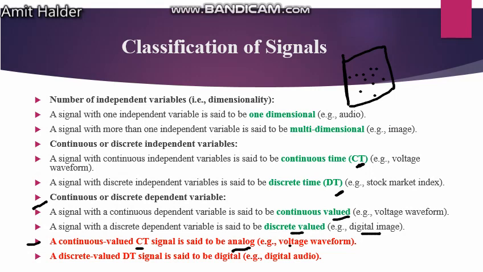Voltage waveform is an example of analog signal. The discrete valued DT, discrete time signal, is said to be a digital signal. That means digital audio. I will discuss now how that can be audio, digital audio, and how that can be voltage form. There are a lot of things to be discussed now.